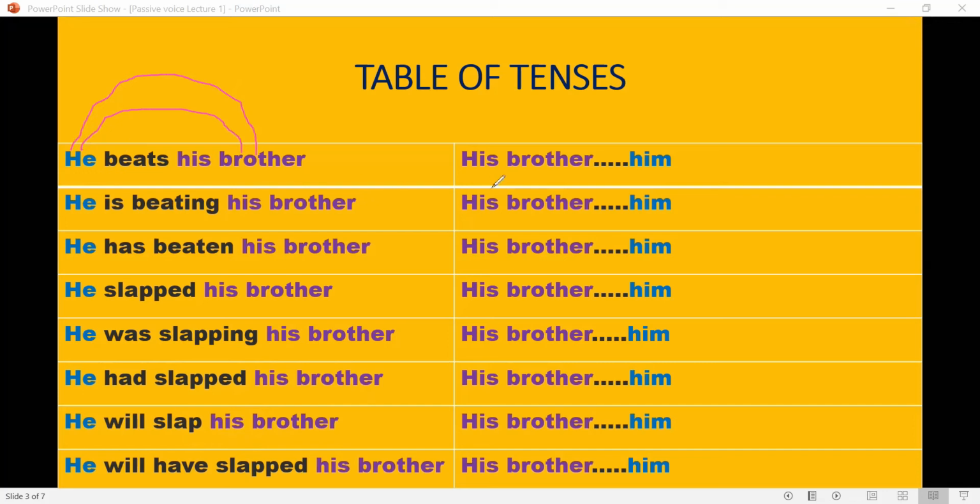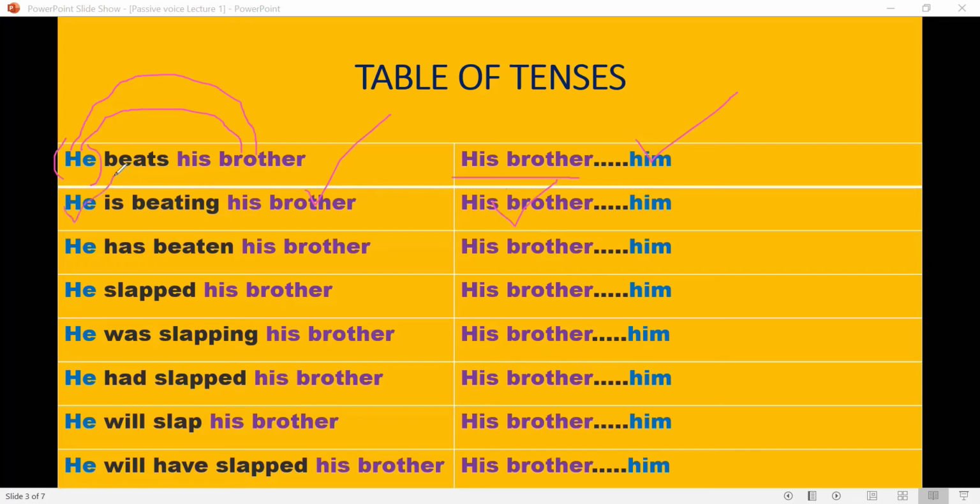Now, this subject will be changed into object, and this object will be changed into subject in passive voice. Let's see. His brother has been made subject, and the objective form of he, him, is taken to make object in passive voice. You see, the same thing is happening in every tense. This is object, this is subject in passive voice. Object of the active voice becomes the subject of the passive voice.